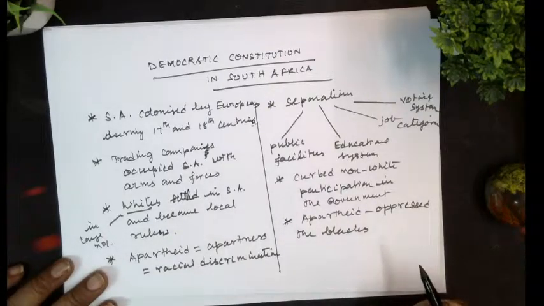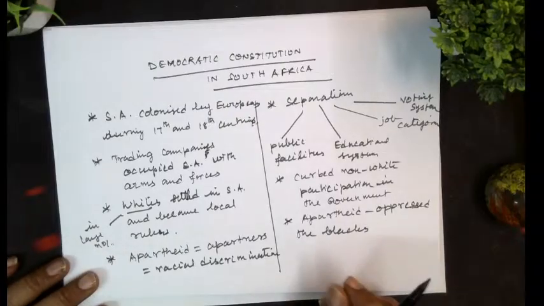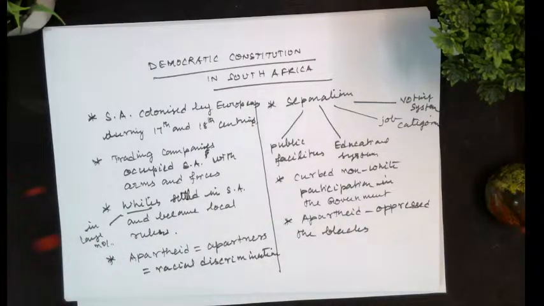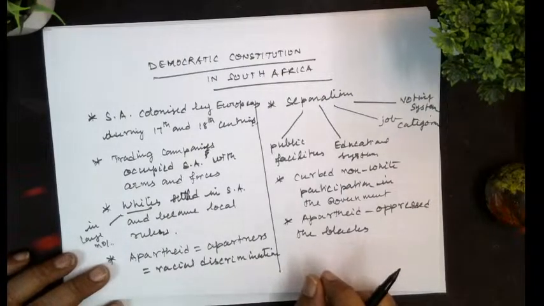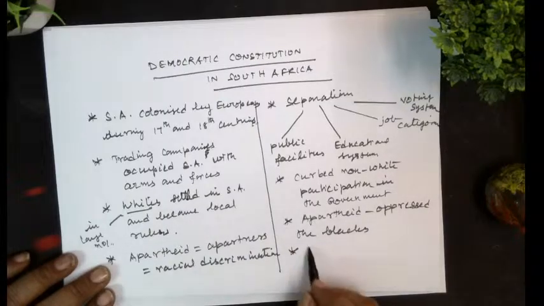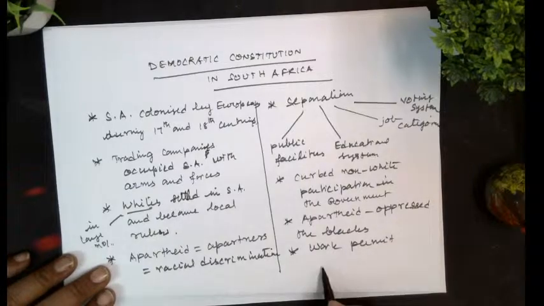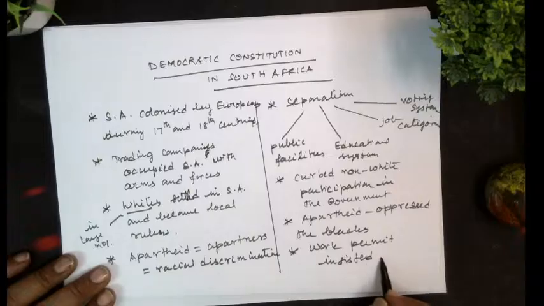They could not simply enter the white areas. They should have a proper permit or pass to enter the white area where they could work. So a work permit was insisted upon in white areas.